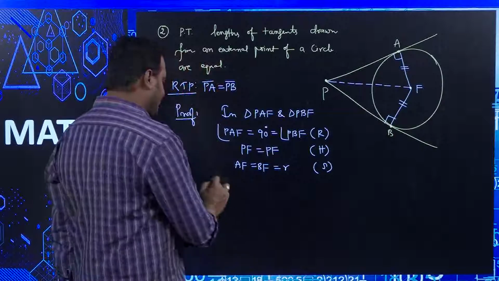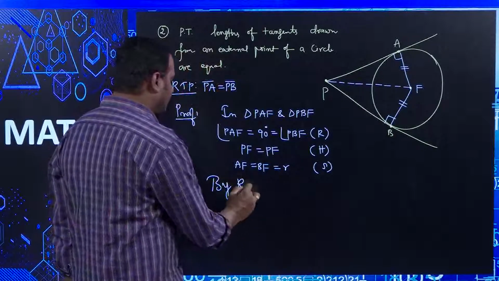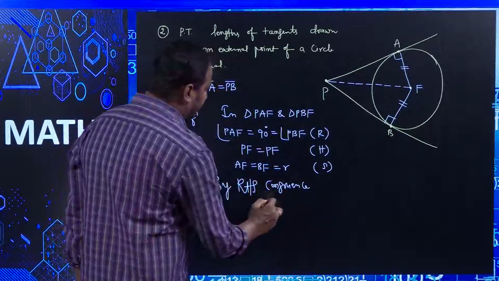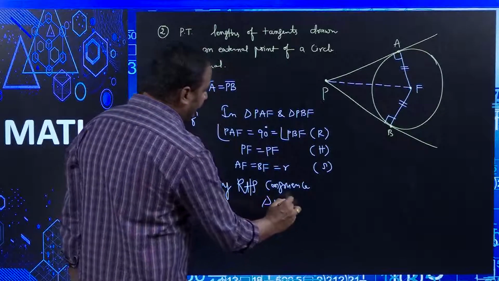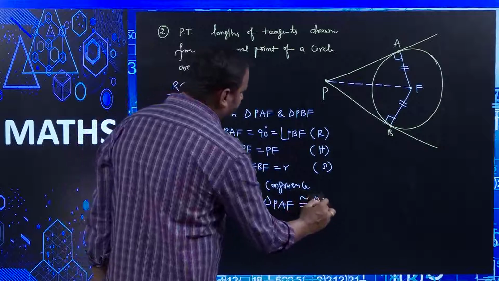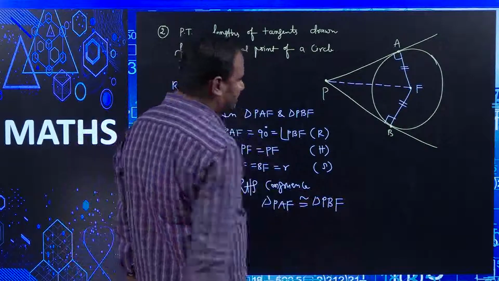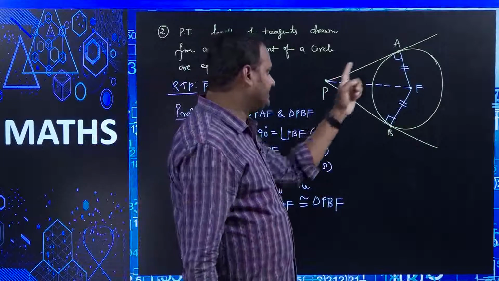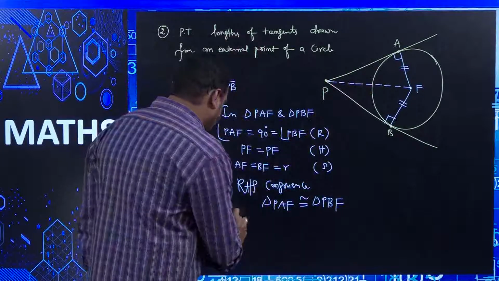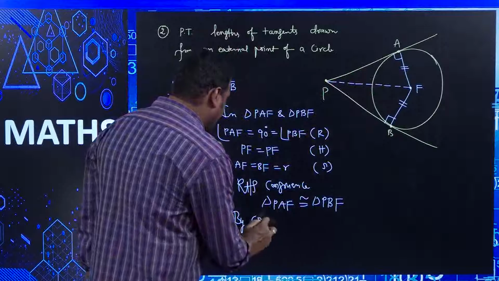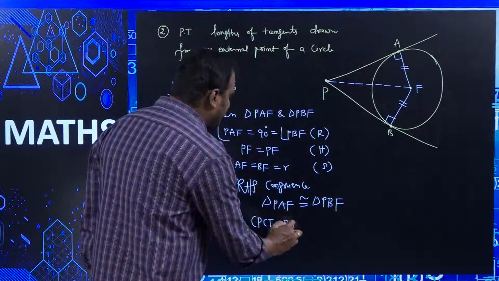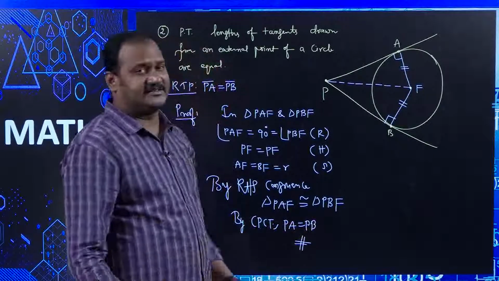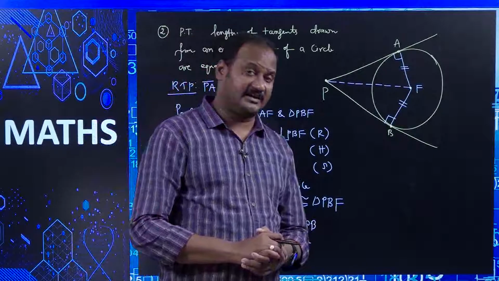By using RHS congruence, triangle PAF is congruent to triangle PBF. Since the two triangles are congruent, by CPCT we can say PA is equal to PB. This way we can prove that lengths of tangents drawn from an external point of a circle are equal.